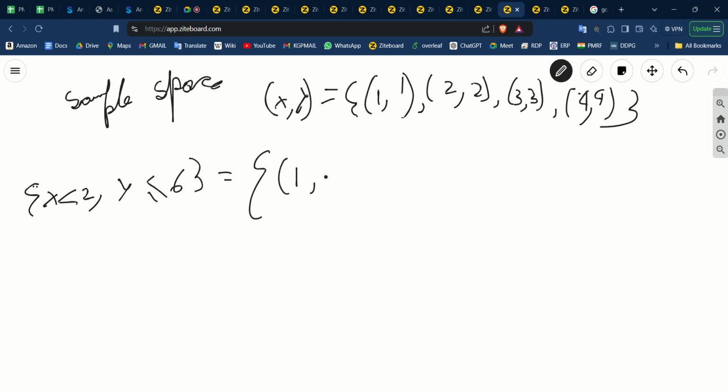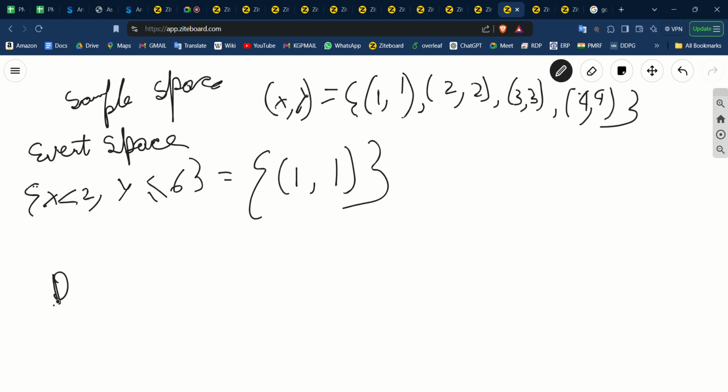Doesn't matter. So it can be (1,1), (1,2), (1,3), (1,4). But (1,2), (1,3) and (1,4) do not exist in the sample space. So the actual event space will be just (1,1), because (1,1) is the only pair out of these 4 which satisfies this condition. So the event space is this.